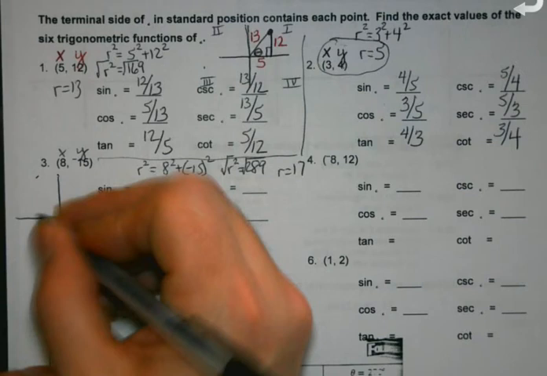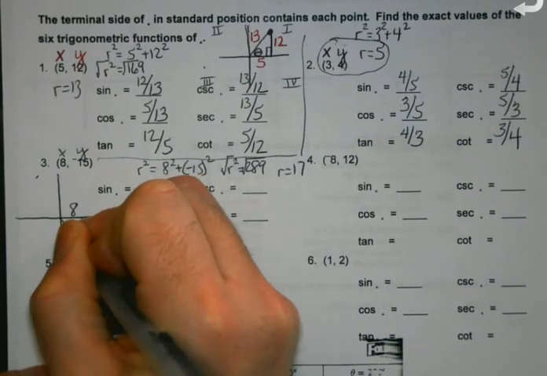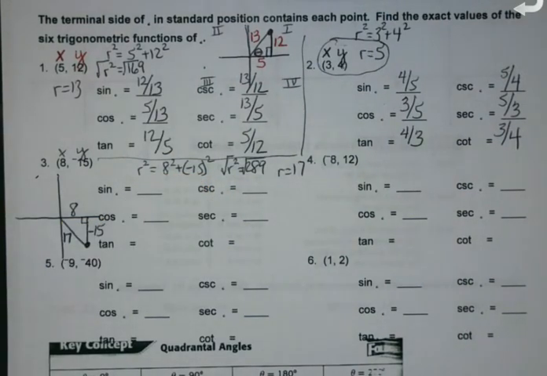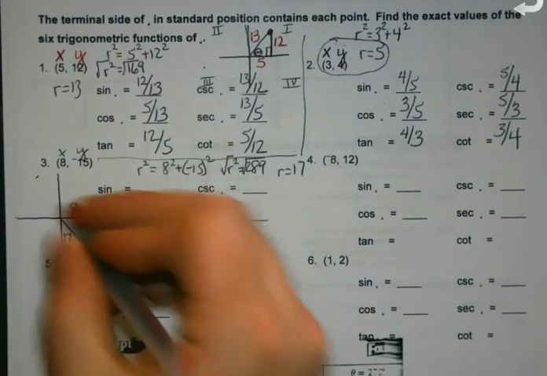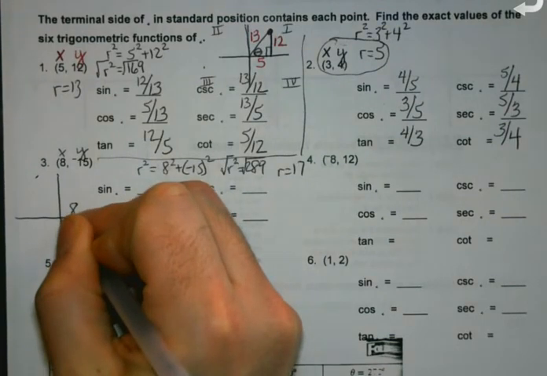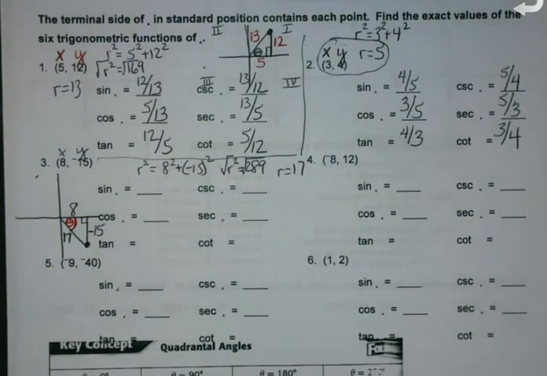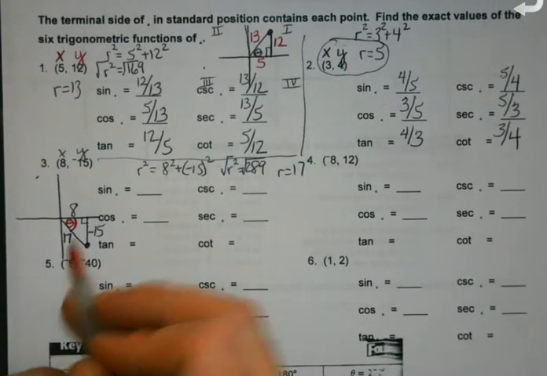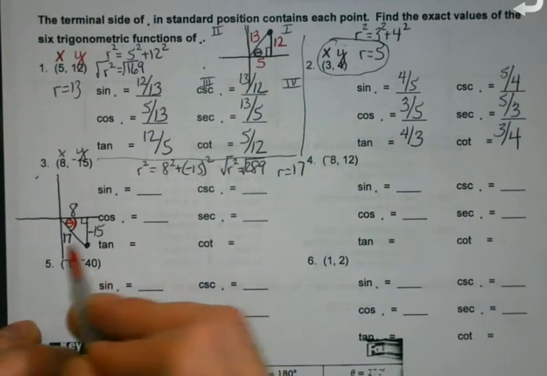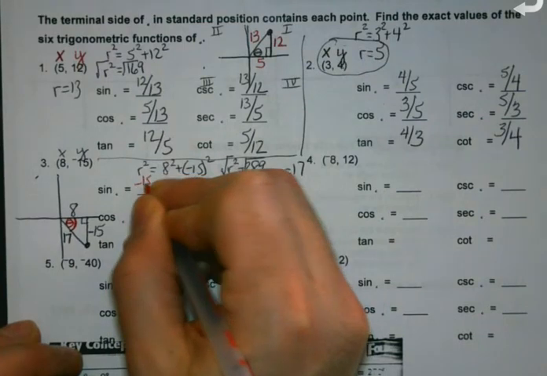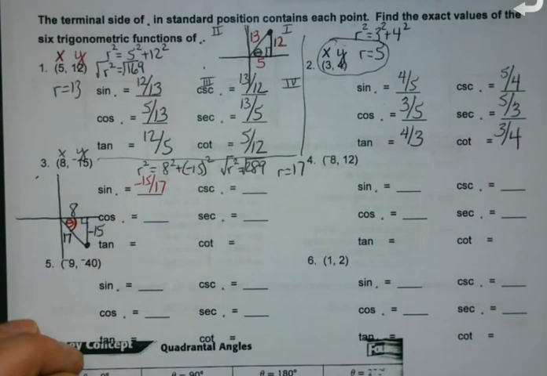But otherwise, you can finish off your picture. Remember that the angle you're working with is always the one that's attached to my x-axis. That will never change. And then start doing your trig functions from there. So again, if I've got the picture, opposite over hypotenuse, negative 15 over 17.